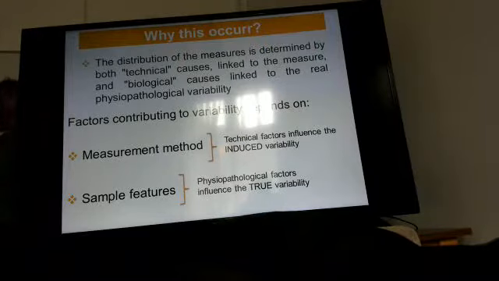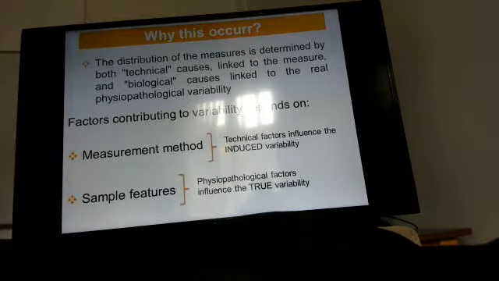Why do we have these variable values when we measure a biomarker in a biological sample? It can depend on a number of factors. Some are technical factors, some others are biological. Technical are easy, are related to all the pre-analytical and analytical steps. So how the sample is collected, how the sample is analyzed, so the technique that is used to measure a specific biomarker.